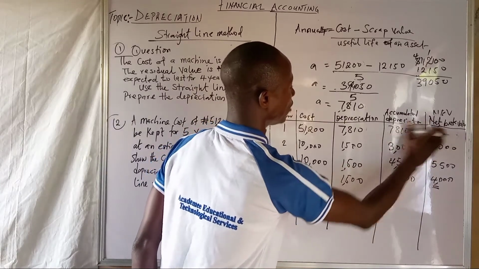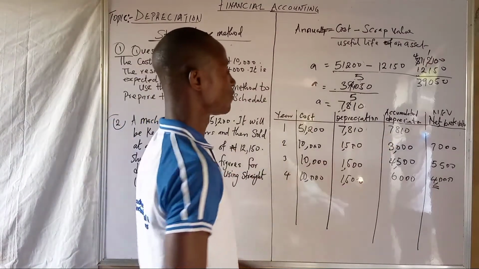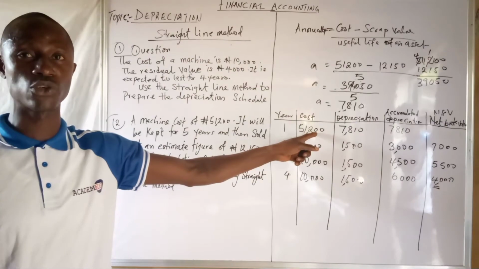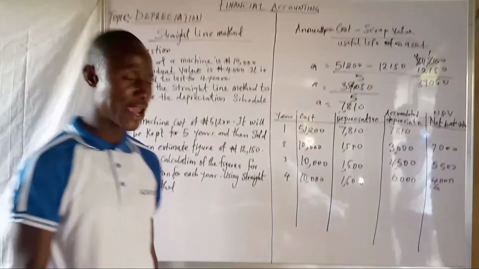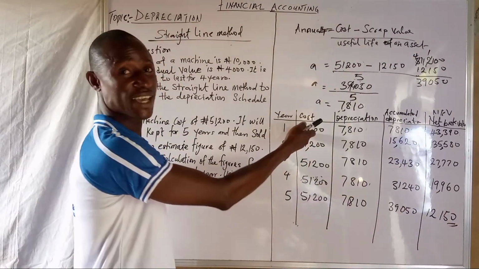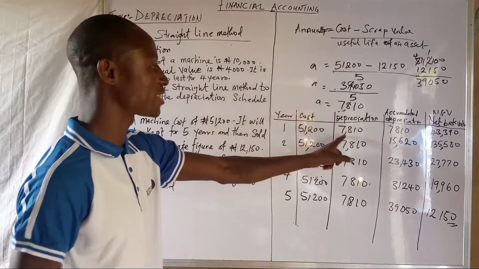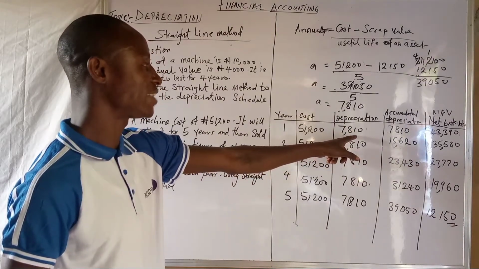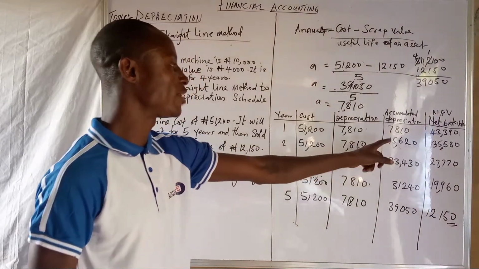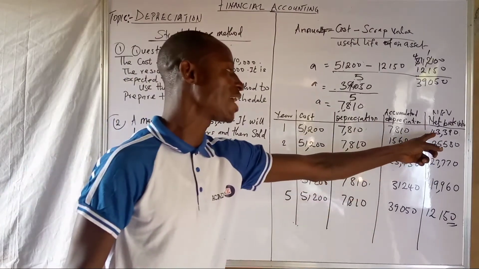Then the net book value: we deduct this 7,810 from that 51,200. When you subtract the accumulated depreciation from the cost, you get your net book value.